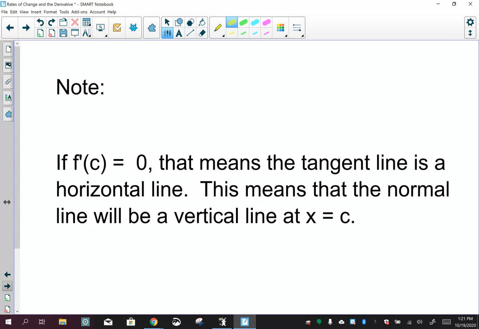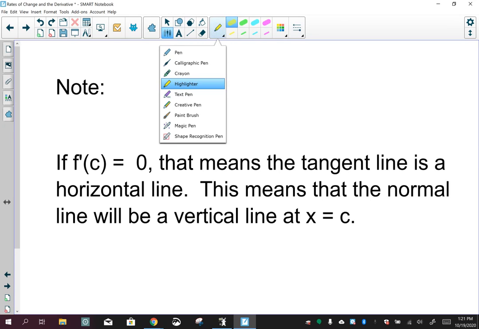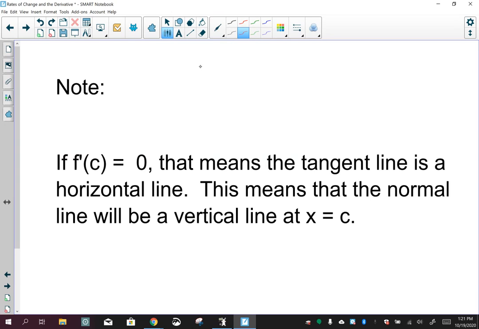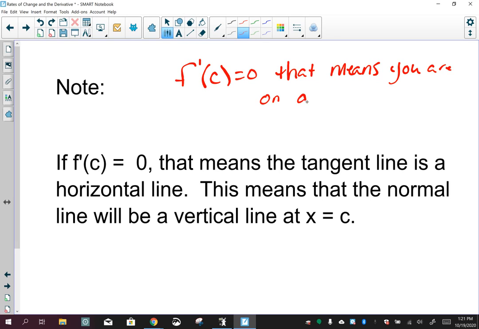So f prime of c. If you ever wind up with a 0, that means that the tangent line is a horizontal line. So I will give you this note. Put this somewhere and highlight this. If you have an f prime of c equal to 0, that means you are on a turn point.